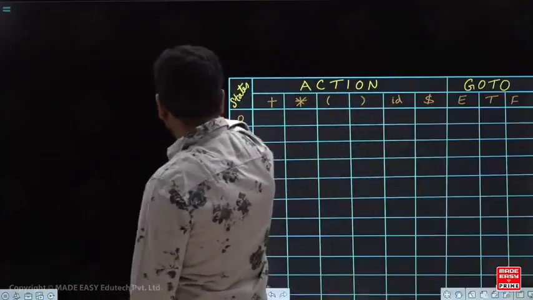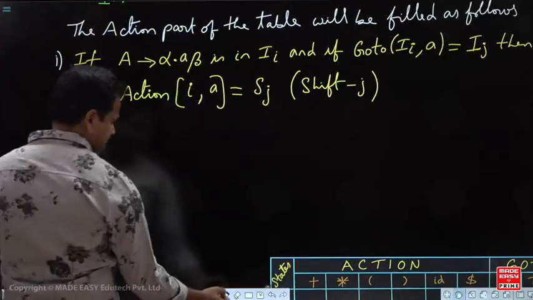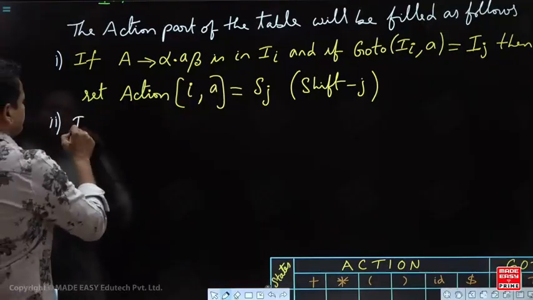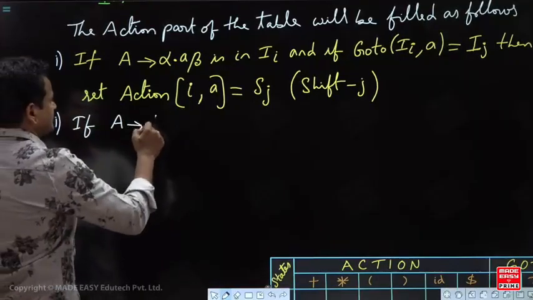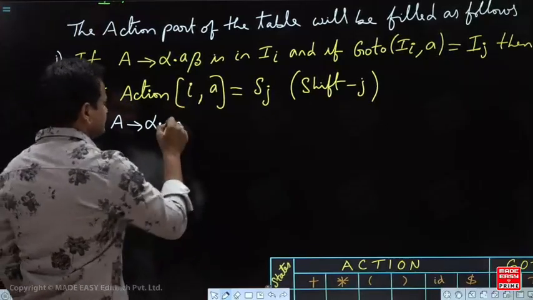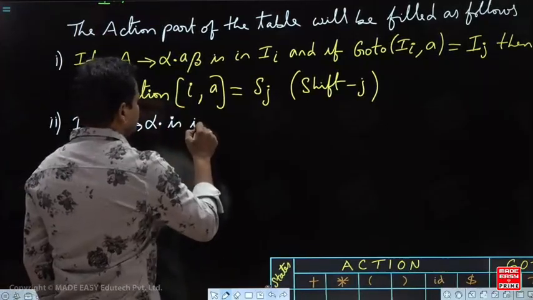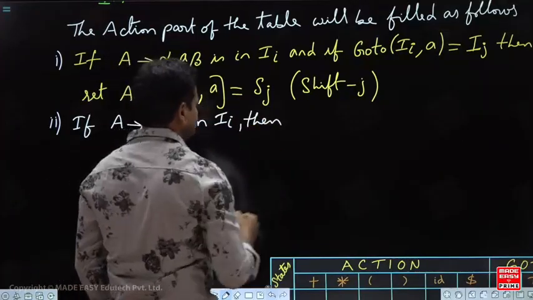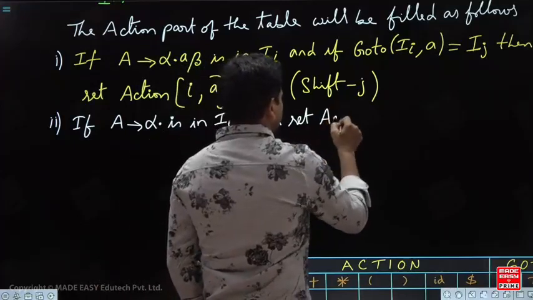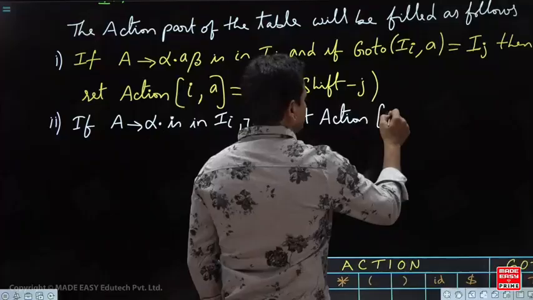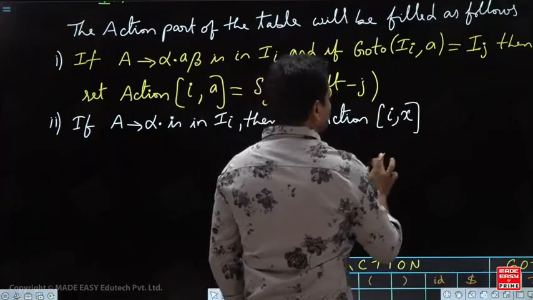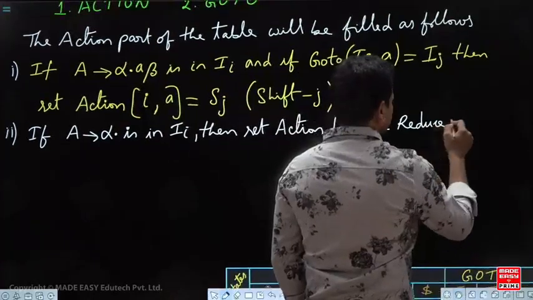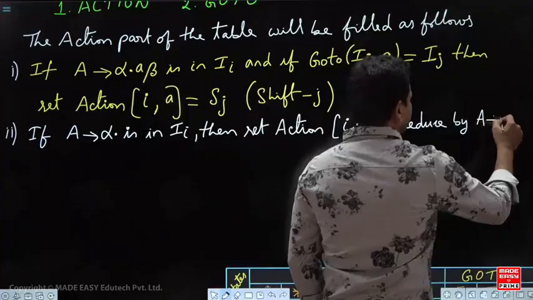Now, second point. If A goes to alpha dot is in Ii, then set action of ith row, xth column, reduce by A goes to alpha.